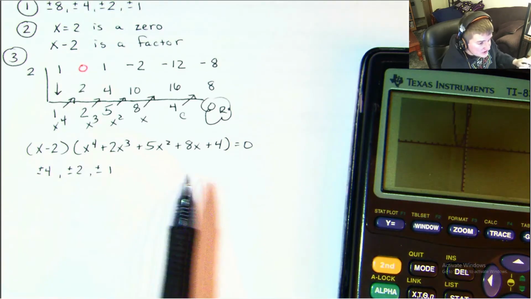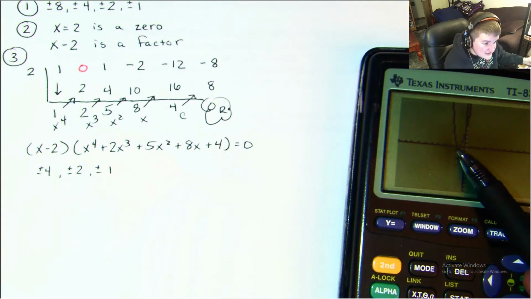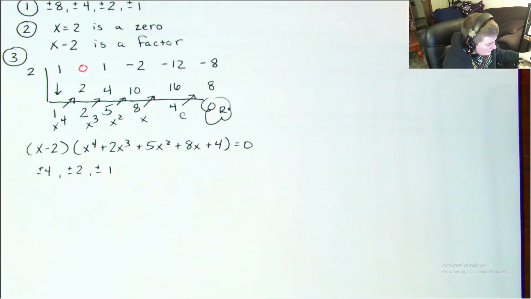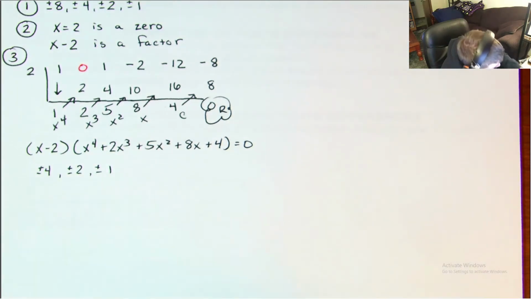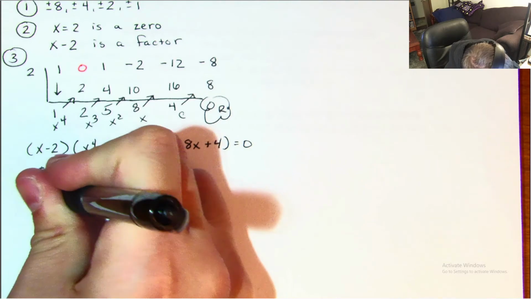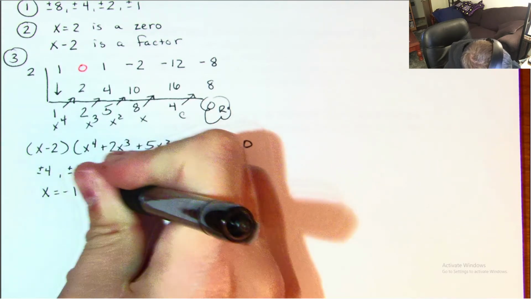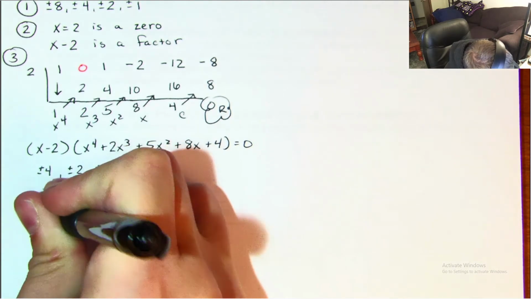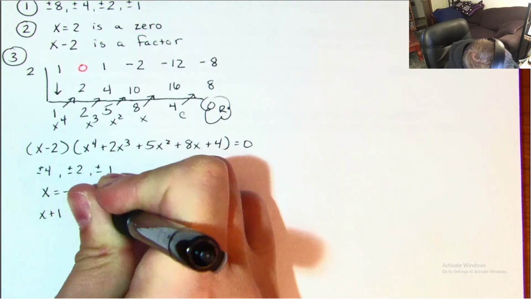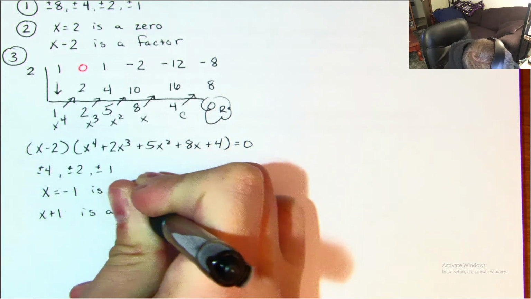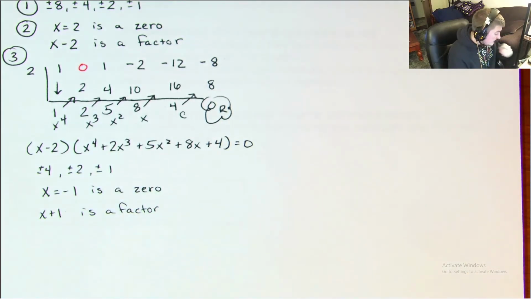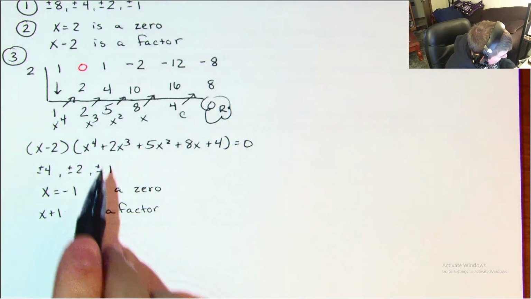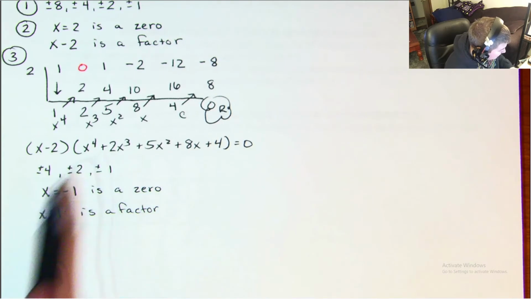Since -1 is a possible solution and it looks like it's crossing or touching at -1, I think it's okay to go ahead and think that x equals -1 is a 0, meaning that x plus 1 is a factor. So I can divide this polynomial by x plus 1.